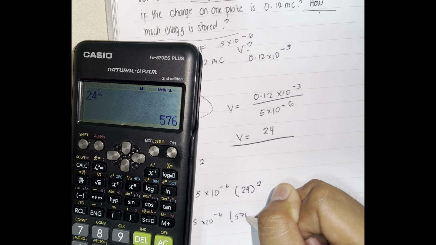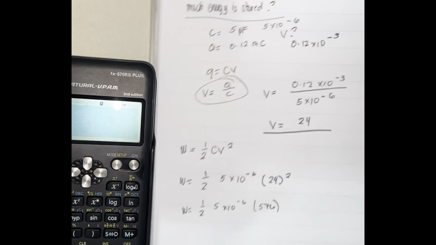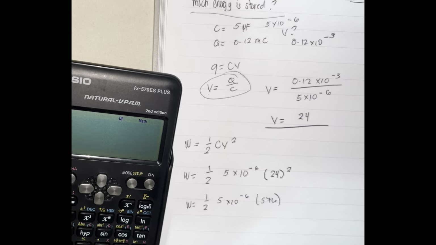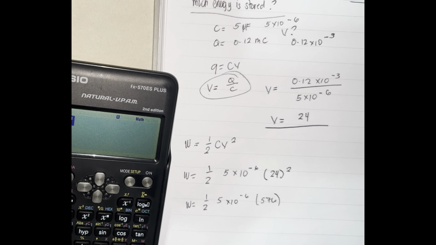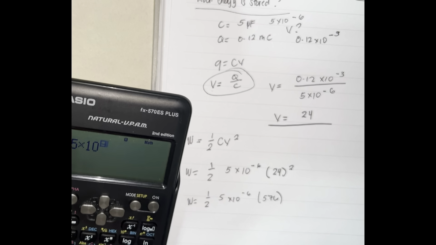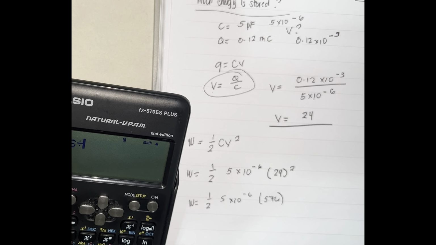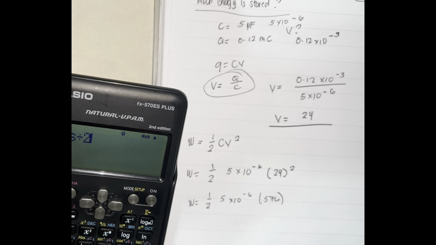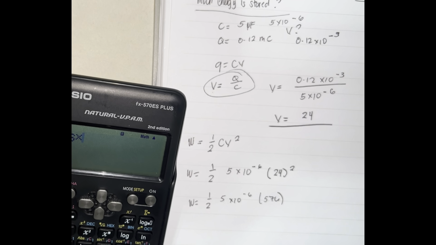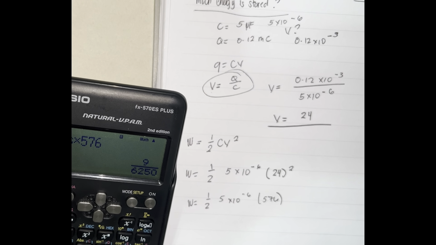So we calculate it: 1/2 times 5 times 10 to the negative 6 times 576.